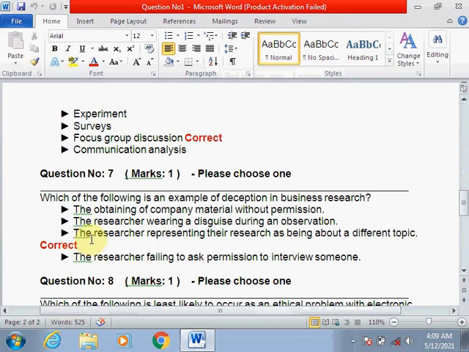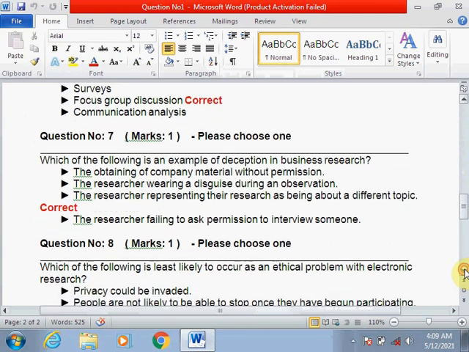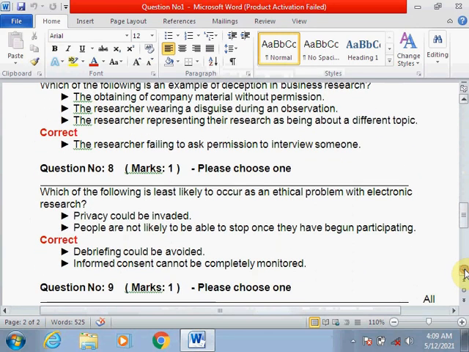Now we see question number 8. Which of the following is least likely to occur as an ethical problem with electronic research? Privacy could be invaded.